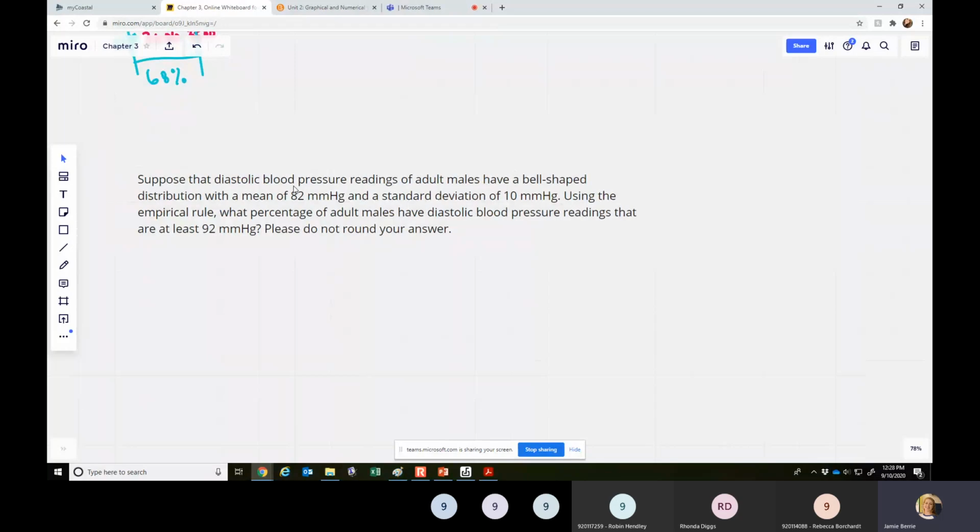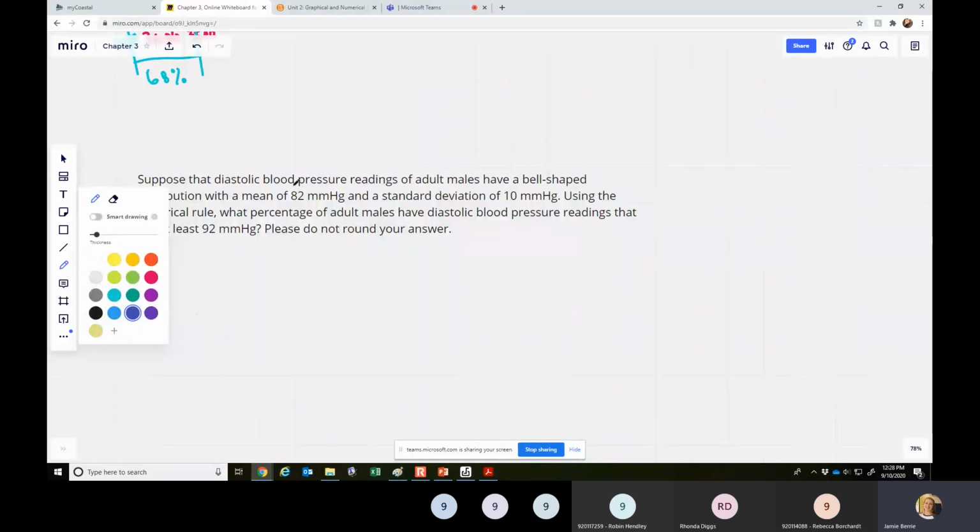Okay, bell-shaped, you want to think empirical rule, with a mean of 82 millimeters of mercury and a standard deviation of 10 millimeters of mercury. Using the empirical rule, what percentage of adult males have a diastolic blood pressure that is at least 92 millimeters of mercury? Do not round your answer.